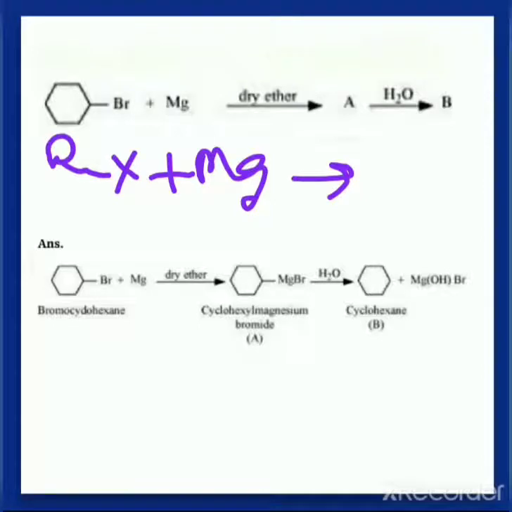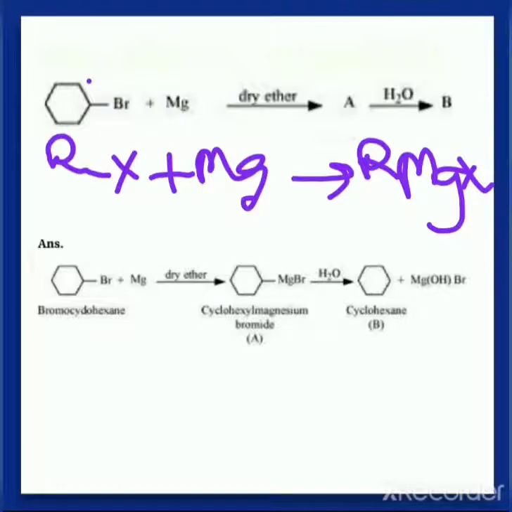So at that time what will be the product? When you compare this with the general equation, we get a product that is RMgX.